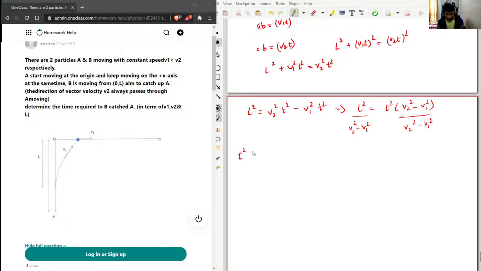I'll get t square as L square over v2 square minus v1 square, and now I'm going to take the square root.